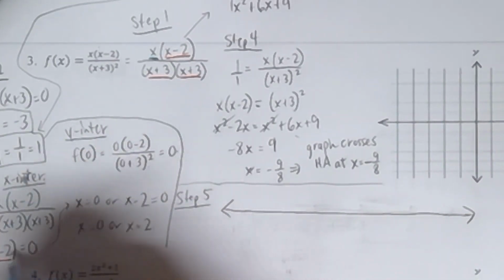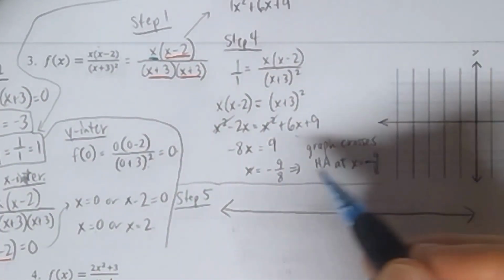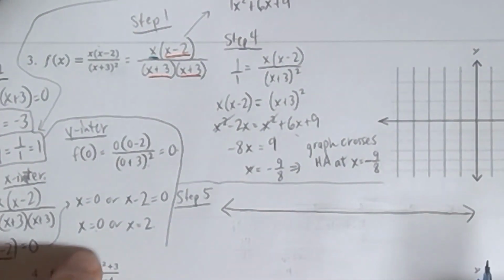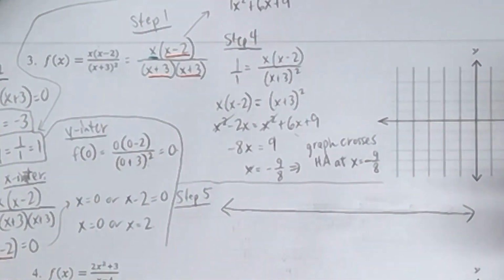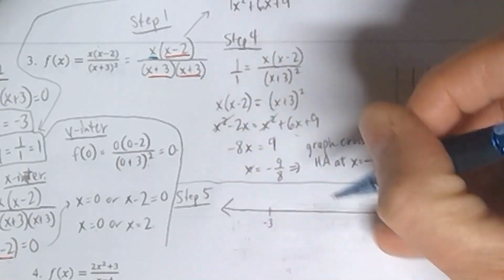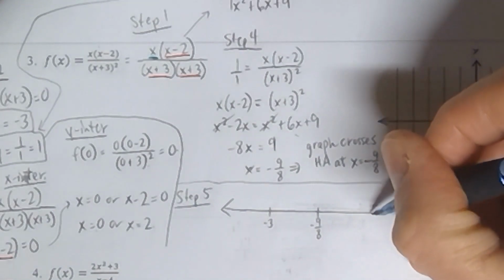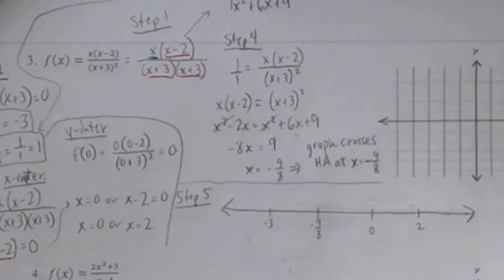So we've got the x-intercepts 0 and 2, the vertical asymptote -3, and then also the point where it hits the horizontal asymptote. So we got a total of 4 numbers: 0, 2, -3, and negative 9/8. So let's put those on there. So -3, negative 9/8, 0, and 2. There we go.